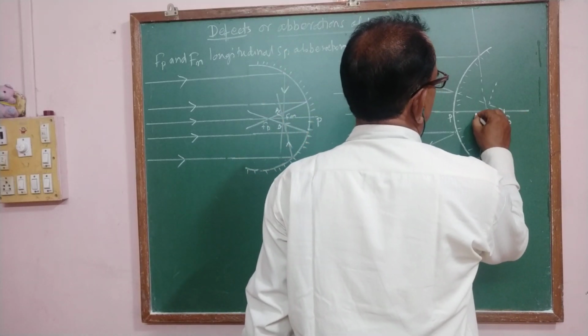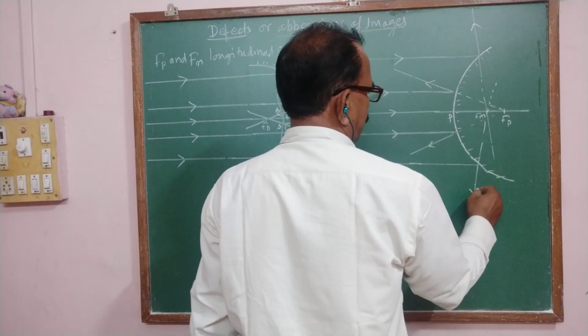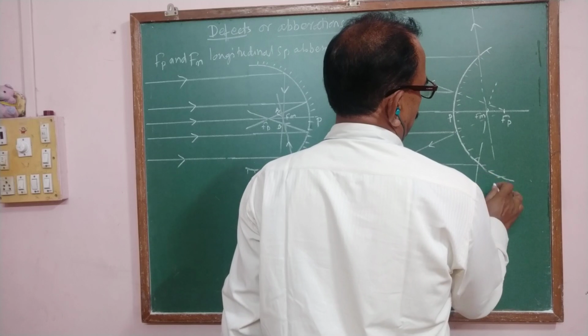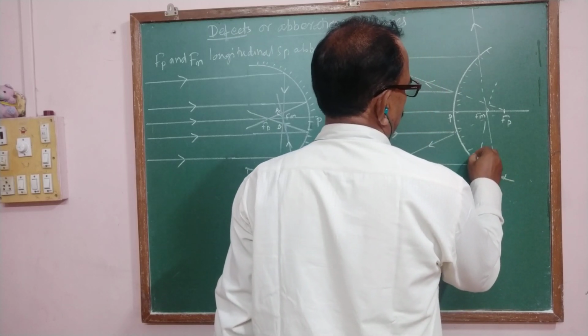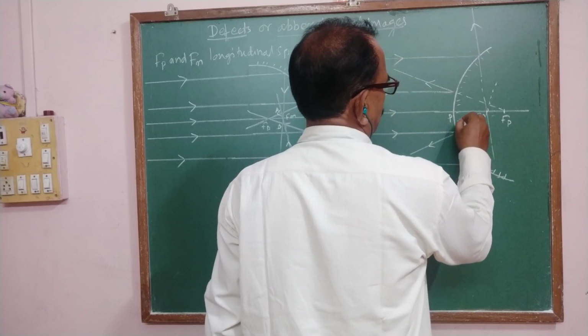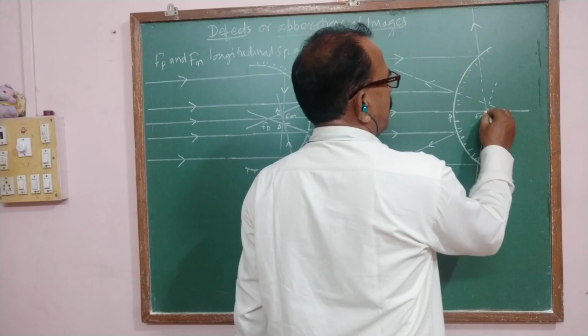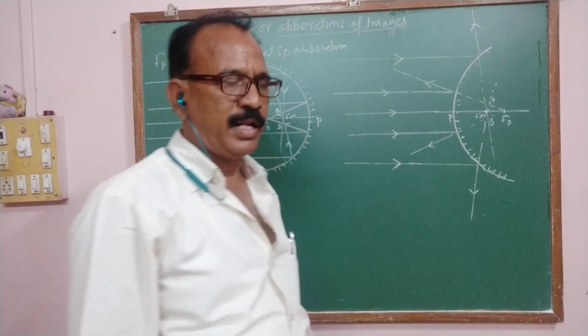Here FP, here is FM, the reflected ray. And these are the points A and B. They will form a circle.